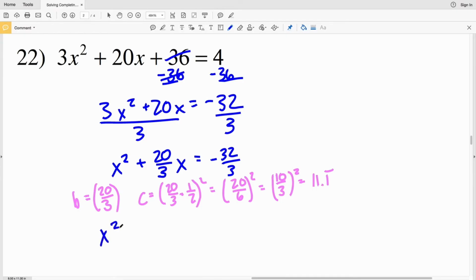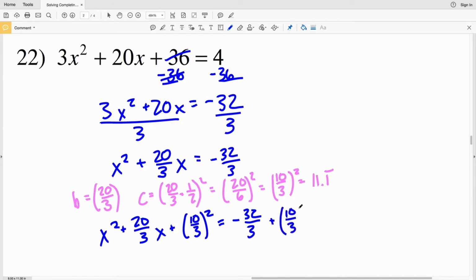So I'm going to have x squared plus 20 thirds x plus, and then I'll put 10 thirds squared. That's going to be equal to negative 32 over 3 plus, and again, just in order to keep this as exact values, I'll write 10 thirds squared, which we know is equal to 11.1 repeating.